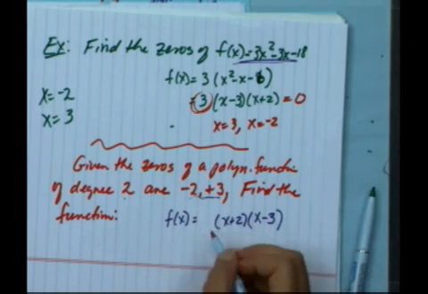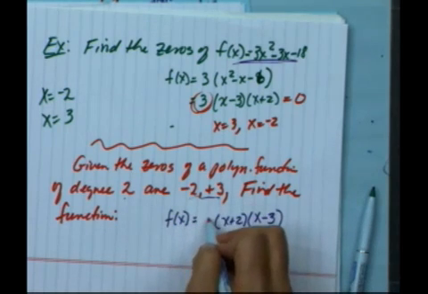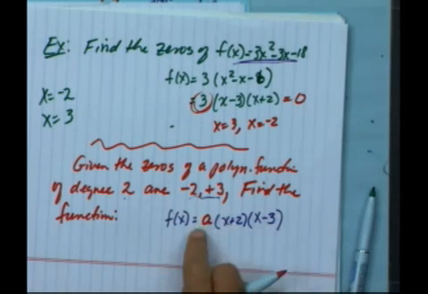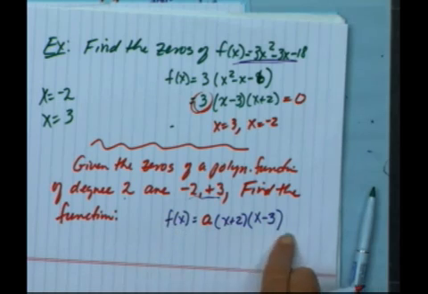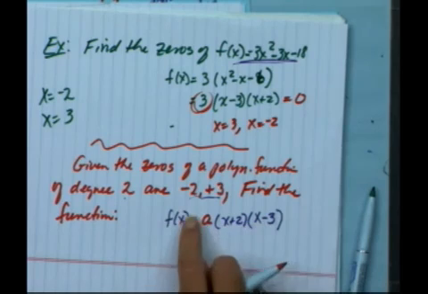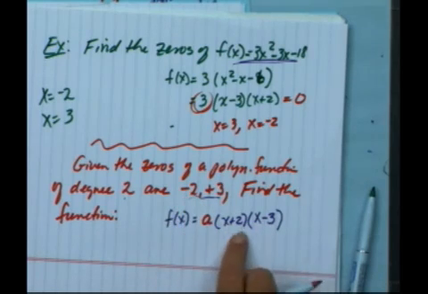Does that sound like a trick question? You just put a little a right here, where a is a real number. This represents all polynomial functions that have zeros -2 and 3. Okay? All right.